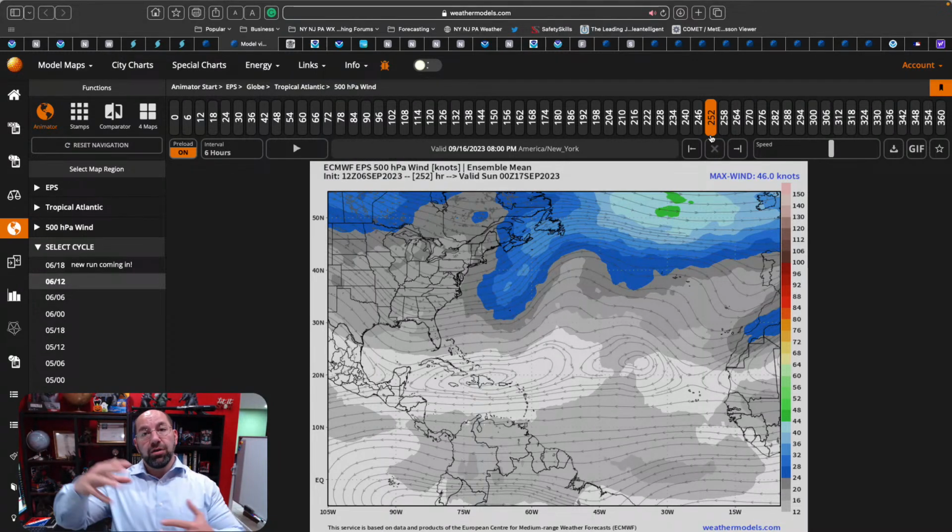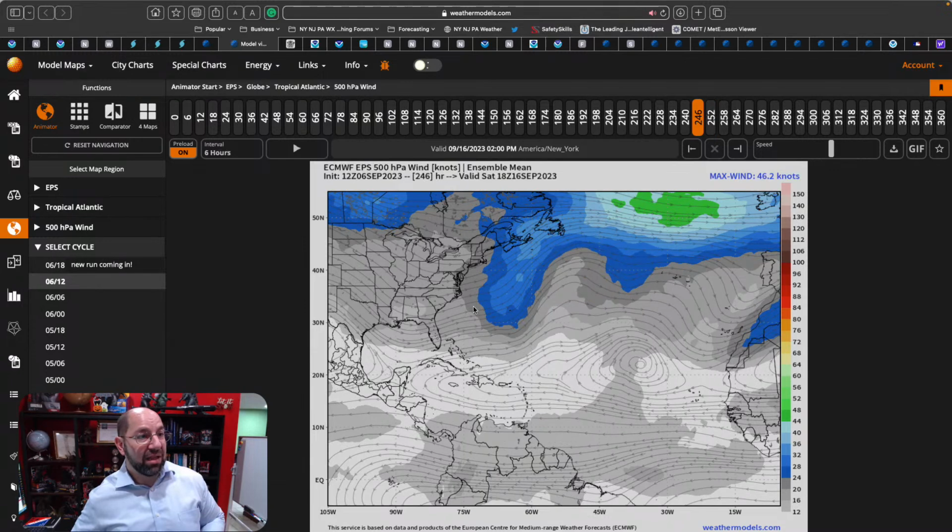That helps to build up the ridge to the north of it, which supports a westward track for some time. Eventually, it must turn north because you have a trough in the east and a ridge over the central Atlantic. That is the avenue to track this somewhere between Bermuda and the East Coast.